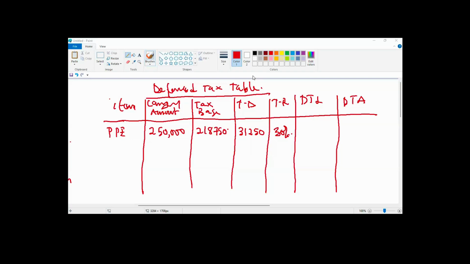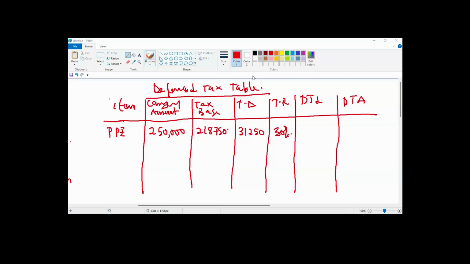How do we know it is a charge or credit? Two ways. You compare the opening balance and the closing balance. Then depreciation and capital allowance. And now put a comma to that one. Say, provided that depreciation and capital allowance are the only source of temporary difference. That means there is no other source of temporary difference except depreciation.